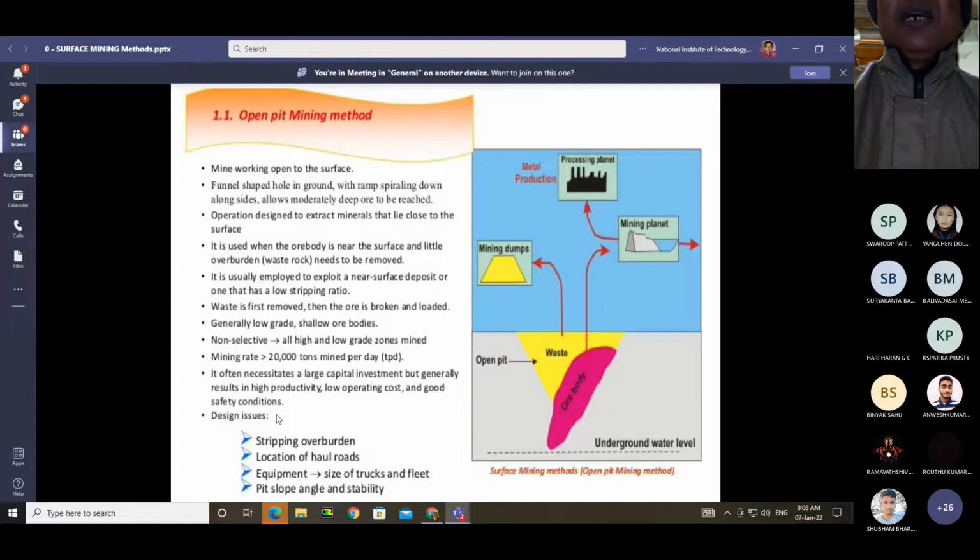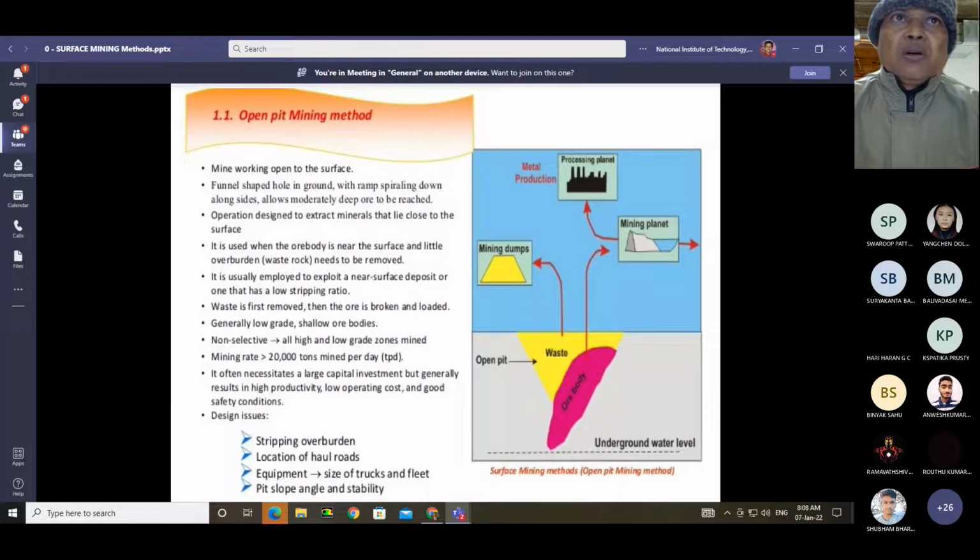It often necessitates a large capital investment because you have to procure heavy earth moving machineries to operate the mining operations. Therefore, you need large capital investment, but generally it results in high productivity, low operating cost, and good safety condition.